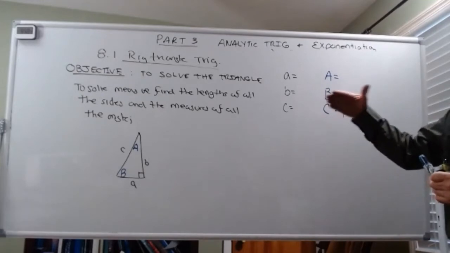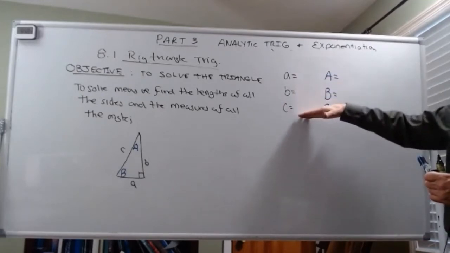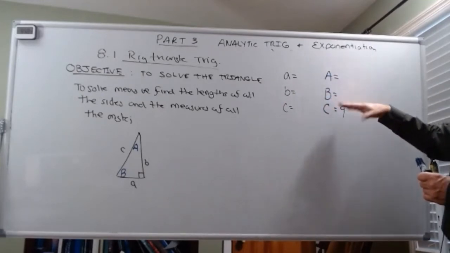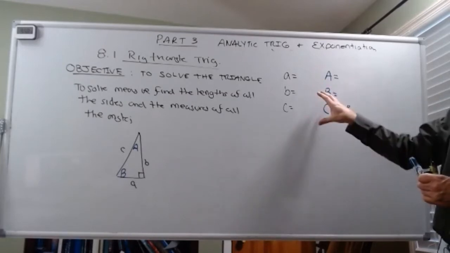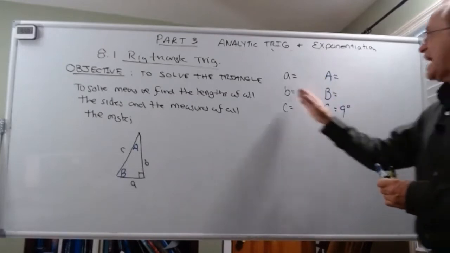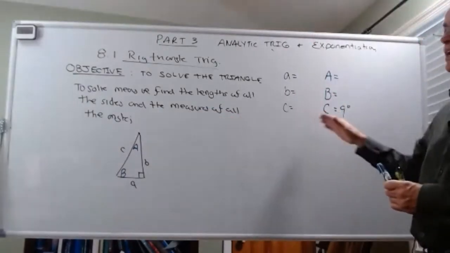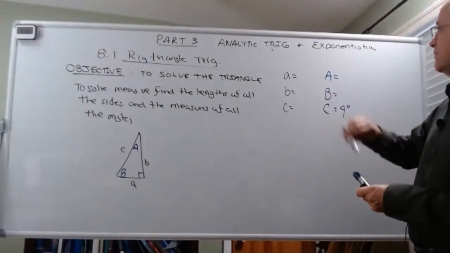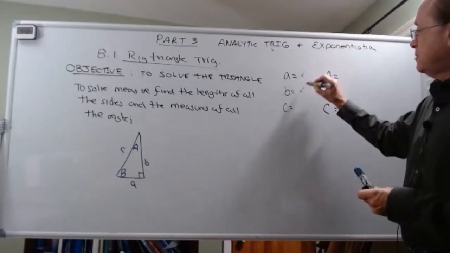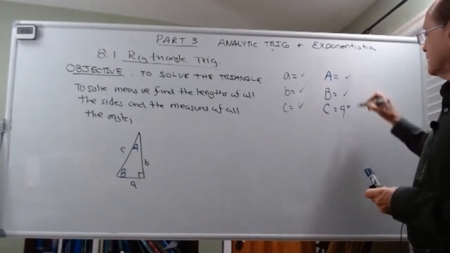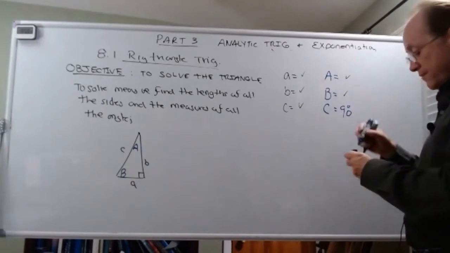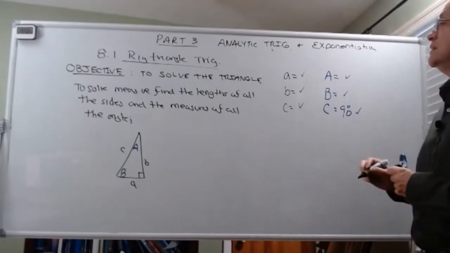But when I look at solving a problem, I list all the lengths of all the sides and the measures of all the angles, and I put in what I know. There are certain facts that we get at the beginning of the problem that are going to allow us to find all the others. And you want to check off and find A, B, C, this angle, oops, 90 degrees, not 9 degrees, talking, writing, and this.